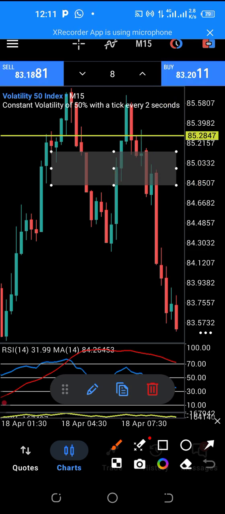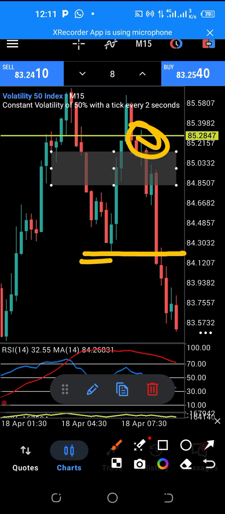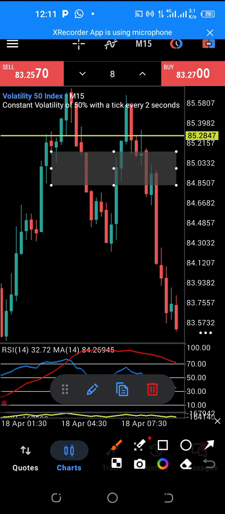It could not give me any entry from this zone. So I expected it to come and break this and then go up before I start selling down. But still, that could not happen.